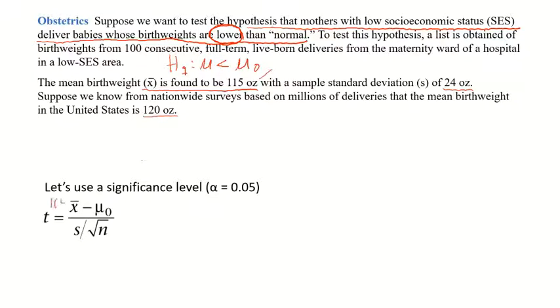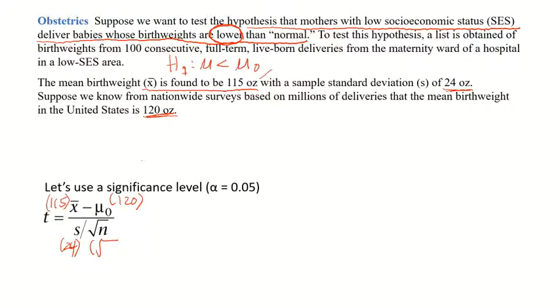Okay, so that sample mean is 115 minus the population mean, which is this 120 ounces, divided by the standard deviation from our sample, which is 24, over the square root of our number of samples, which is 100.